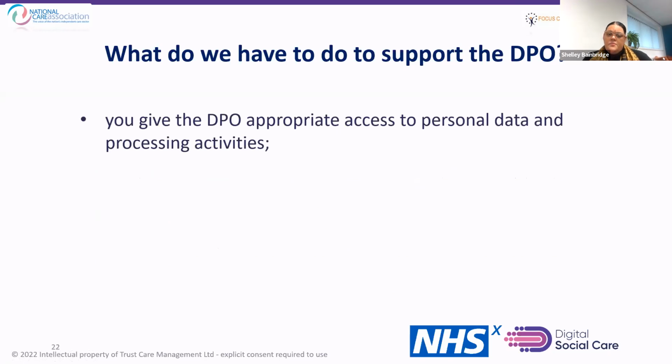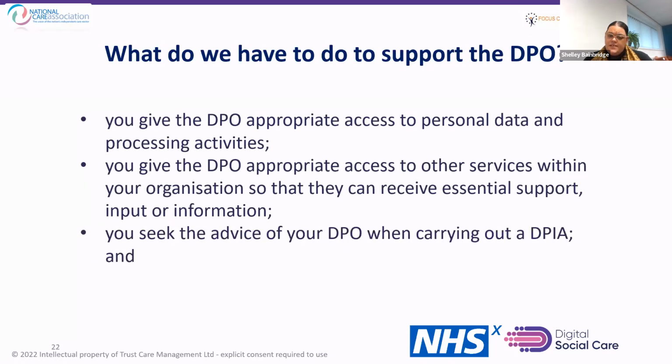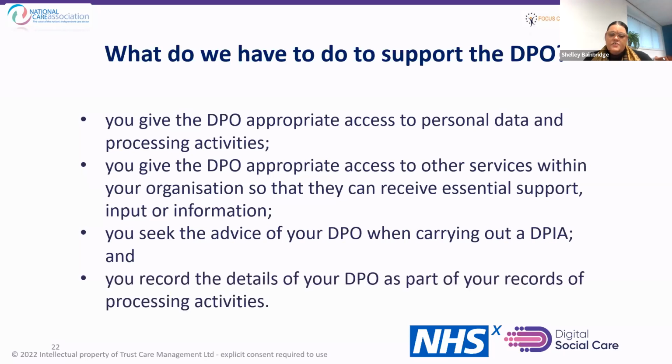You give the DPO appropriate access to personal data and processing activities. You give the DPO appropriate access to other services within your organisation so that they can receive essential support, input, or information. And you seek the advice of your DPO when carrying out a data protection impact assessment, and you record the details of your DPO as part of your records of processing activities.